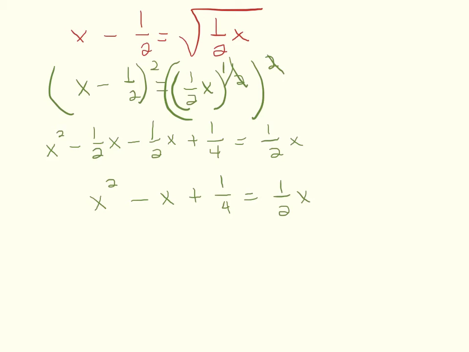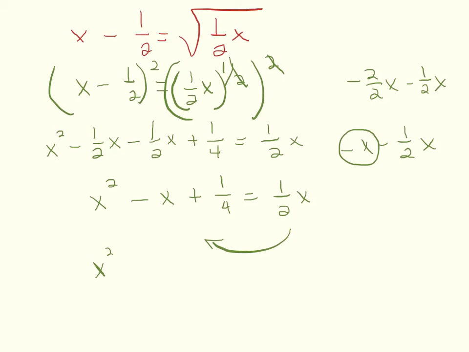Now I'm going to move that x to this side, so I'm going to subtract 1/2 of x from there, so I get x squared, and if I have minus x minus 1/2 x, this one is the same as minus 2/2 x, right? So minus 1/2 x gives me minus 3/2 of x. So then I have x squared minus 3/2 x plus 1/4 equals 0.